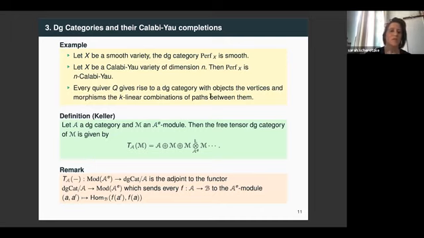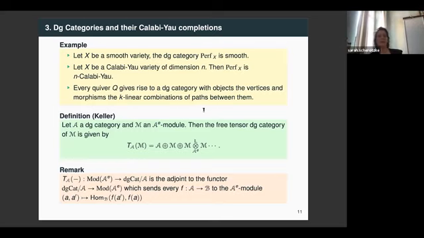We can consider its vertices as objects, and its morphisms are the K-linear combinations of paths between them. If you want, you can also give a grading to the arrows, and then you don't only get a DG category concentrated in degree 0.